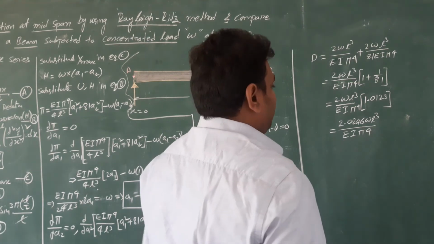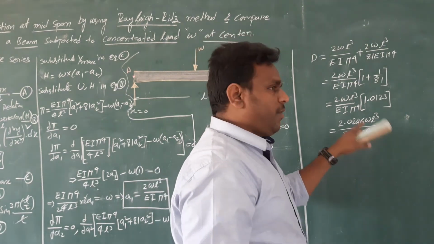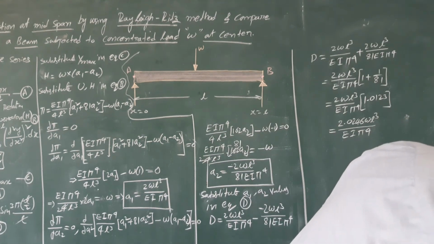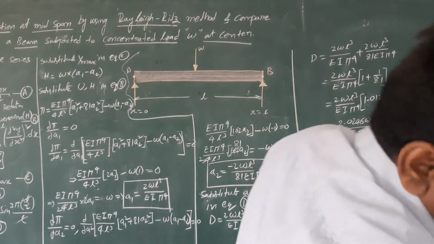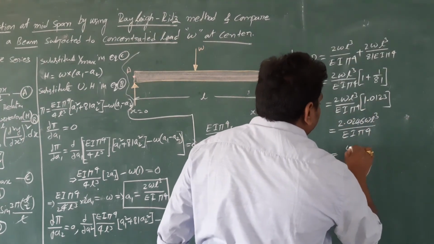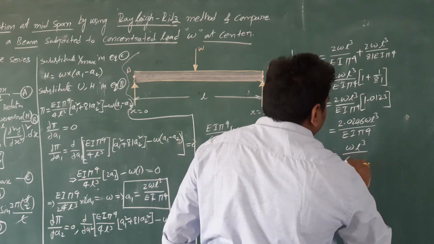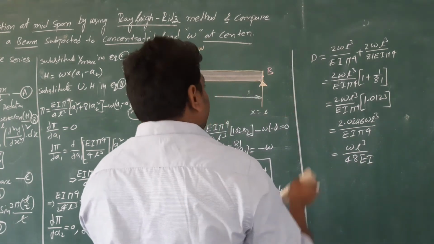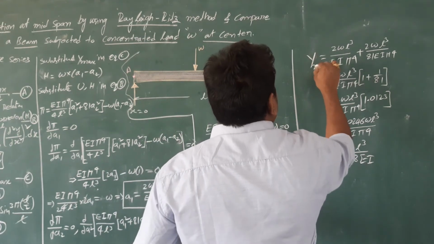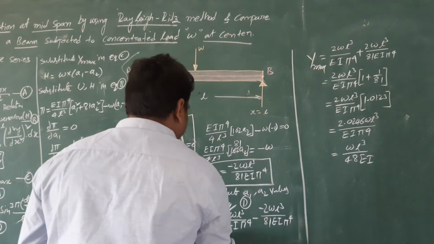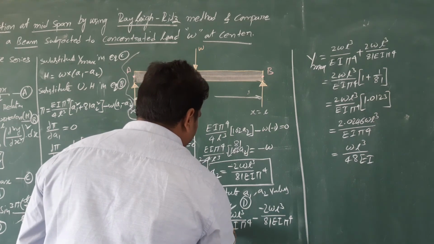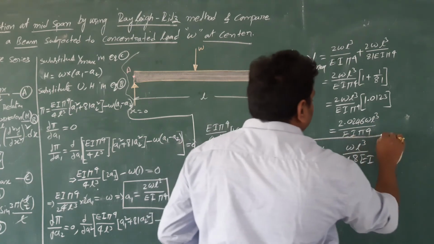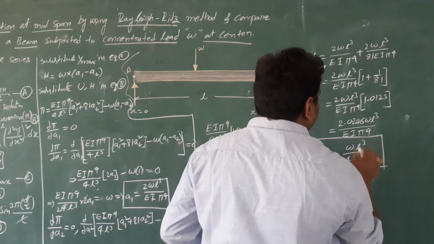After substituting the pi value also, this value will become WL cube by 48 EI. So in equation D, this is the Ymax. We know this equation already.